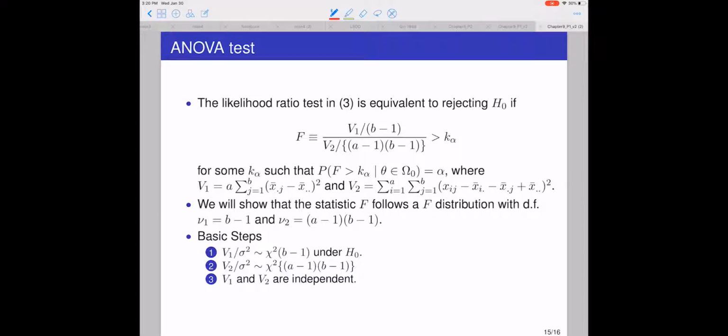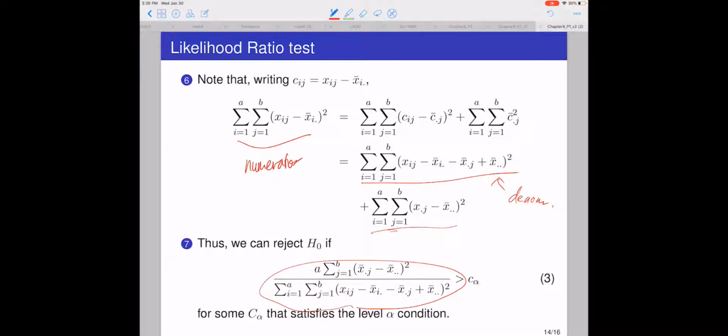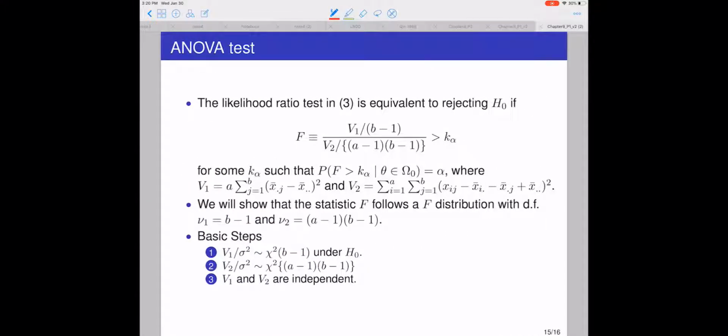The next step is to find the sampling distribution. To obtain this, we do a similar argument. This is the numerator quadratic term and the denominator quadratic term, with corresponding degrees of freedom. We need to show this.